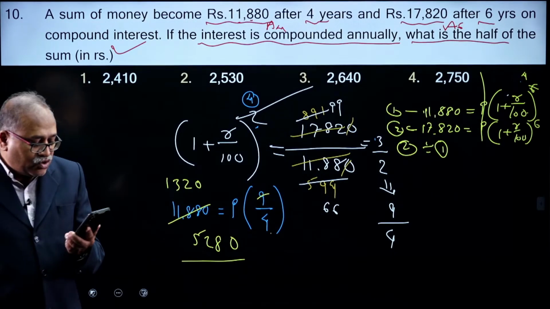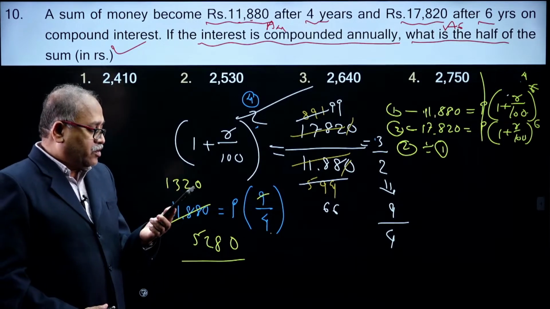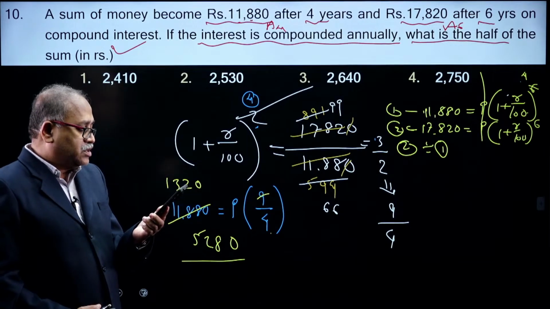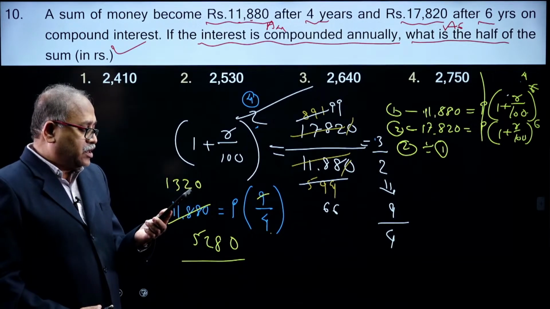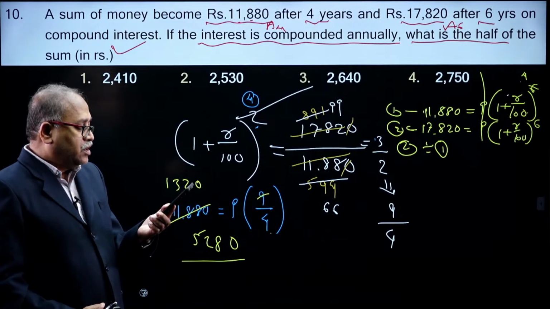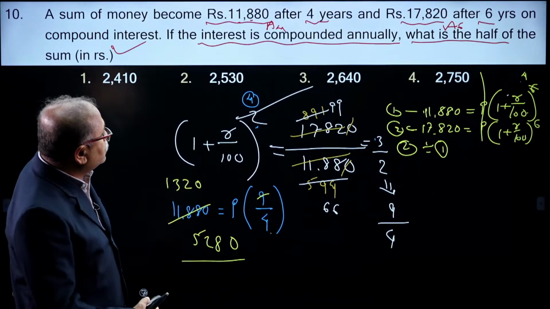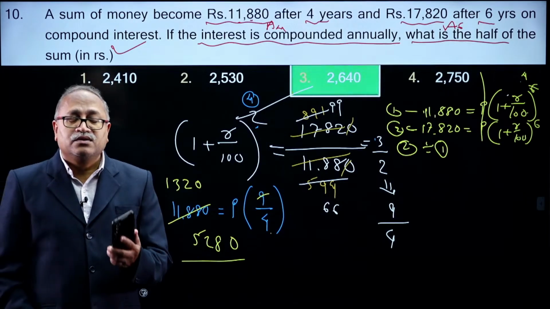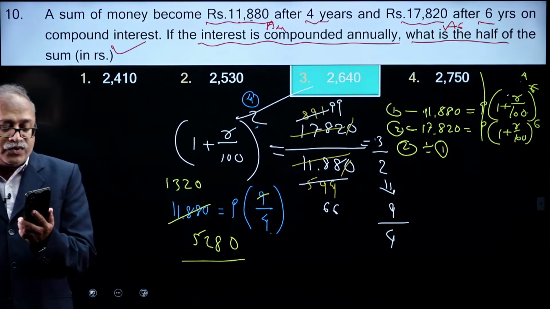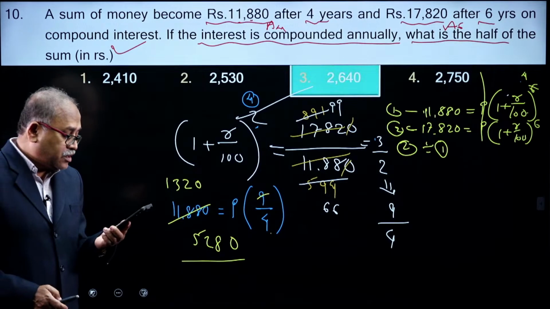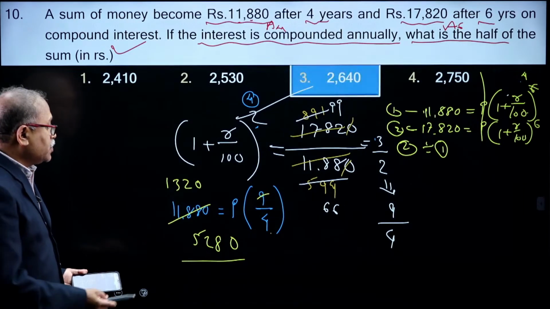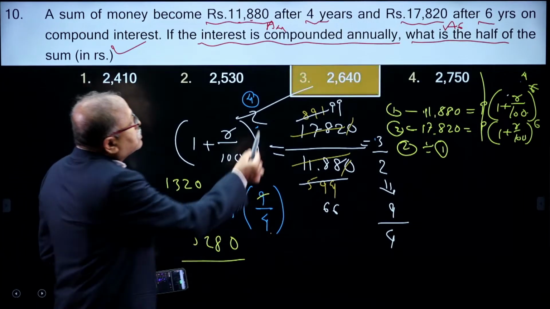So, let me check your answer. Chinna Rakesh, rightly said, yes. What you said, your answer 2640, let me check, you are right. Oh, wonderful, Chinna Rakesh, you are right, the rest of my friends are also right. I need the half of the sum, it is said.